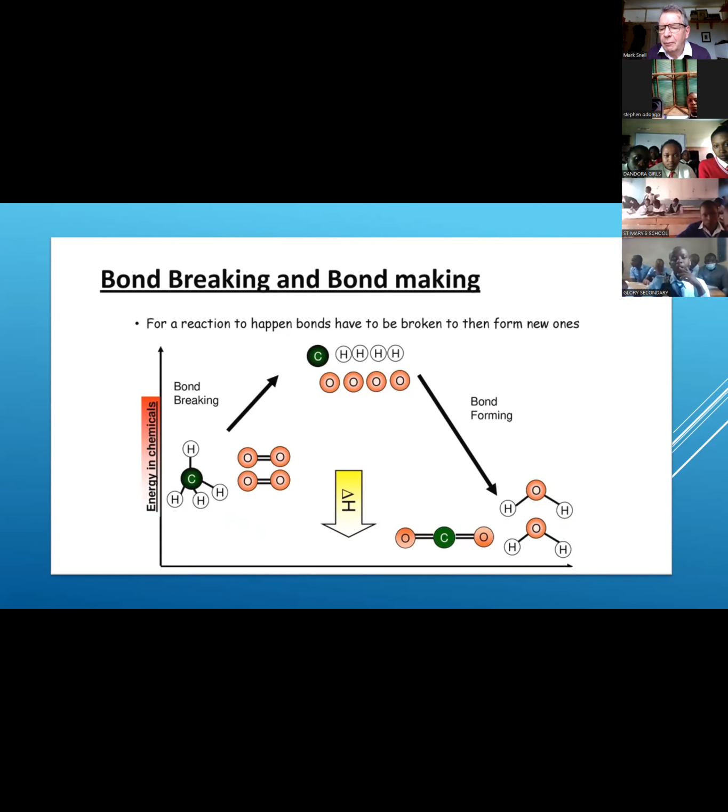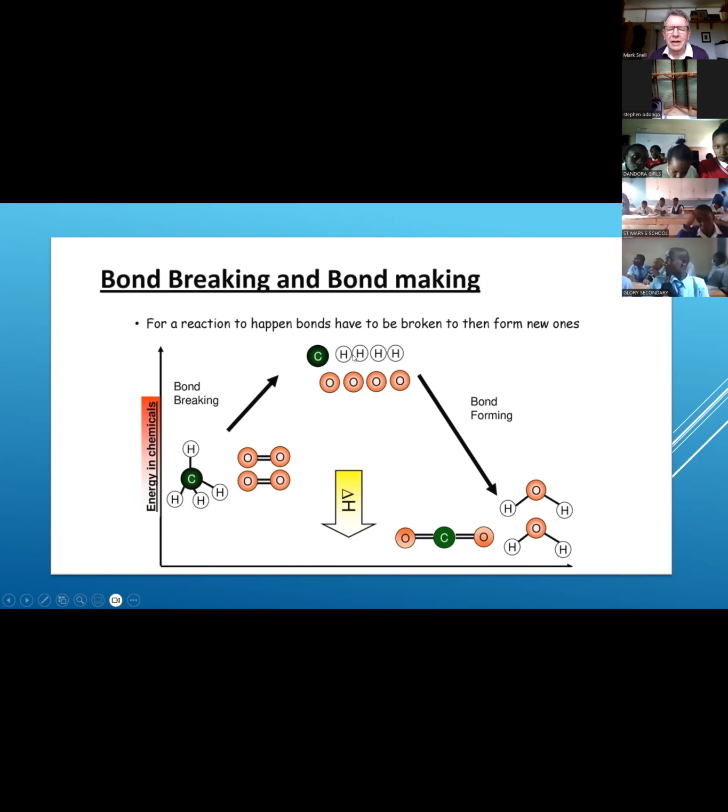It has energy up the side, and time or progress of reaction along the bottom, moving from left to right. The molecules on the left have to be broken into the individual atoms, so at the top we have 1 carbon, 4 hydrogens, and 4 oxygens.